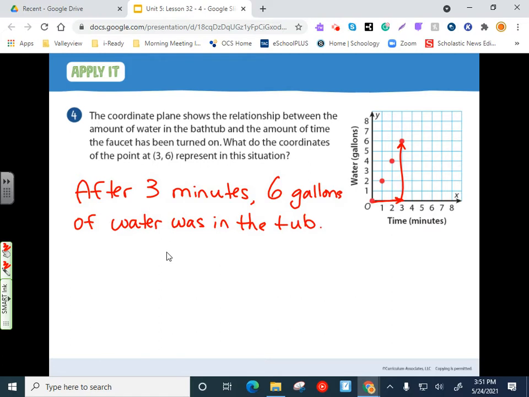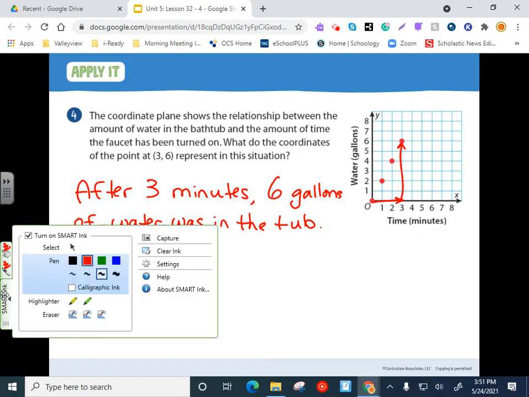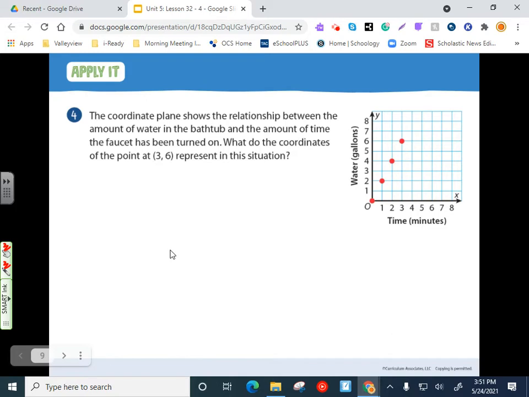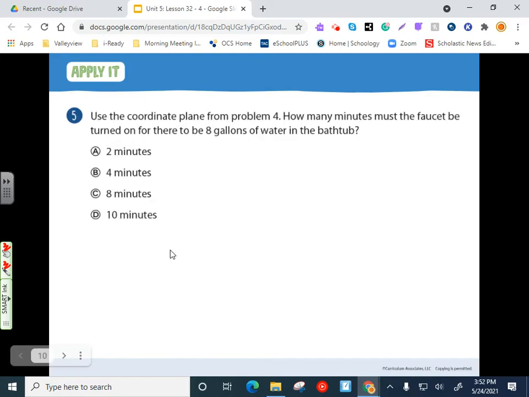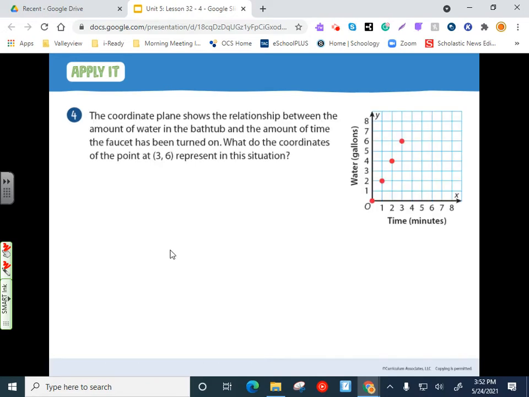Now, we're going to come back to this for the next question. Unfortunately, I have to erase that. Use a coordinate plane for problem 4. How many minutes must the faucet be turned on for there to be 8 gallons of water? So I've got 8 gallons here. And what I want to do is show where this kind of intersects with one of the minutes.